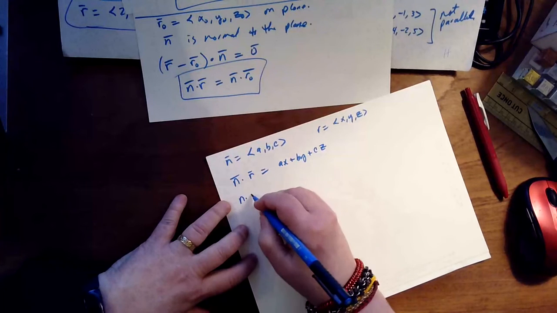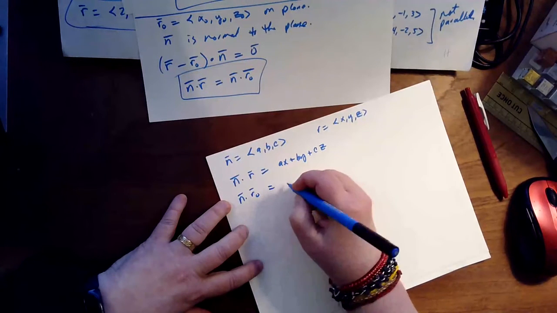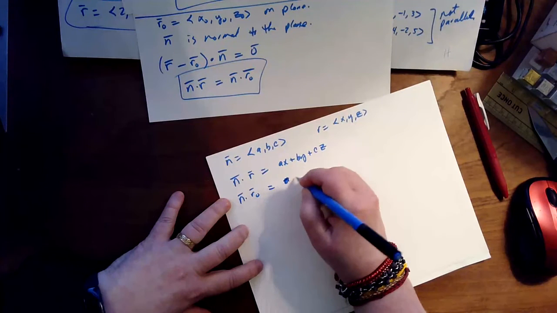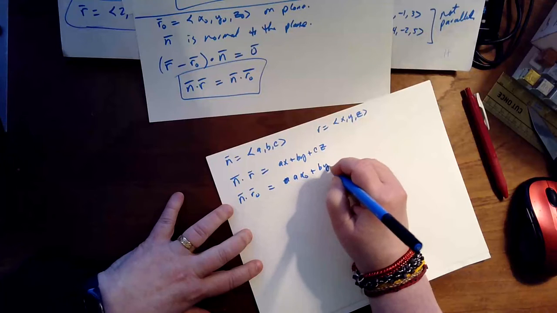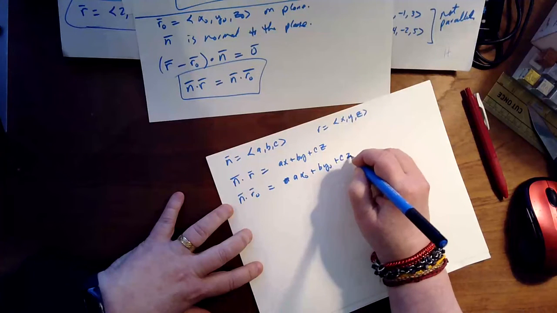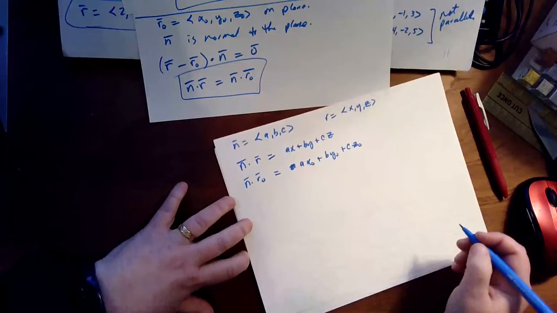N dot R naught is Ax naught plus By naught plus Cz naught. And they have to be equal.